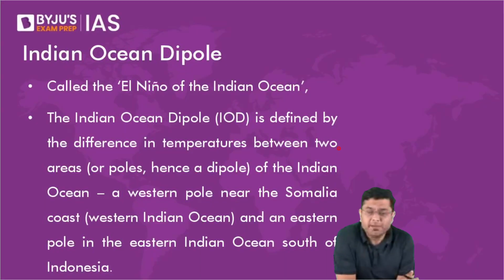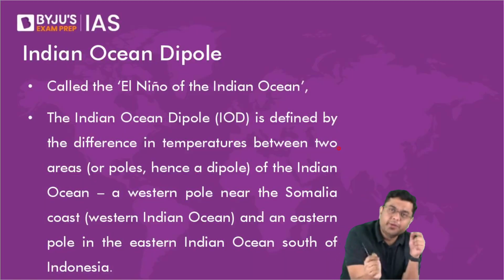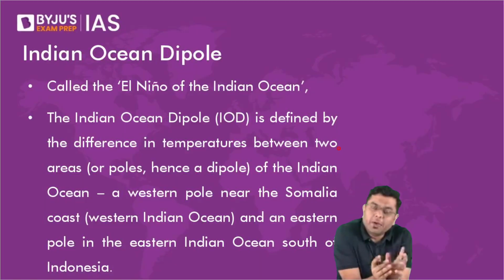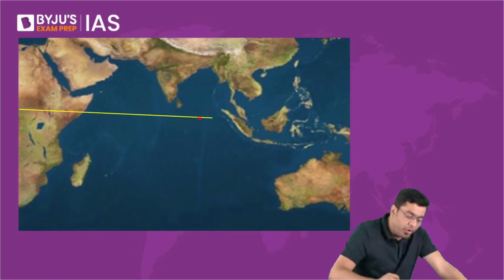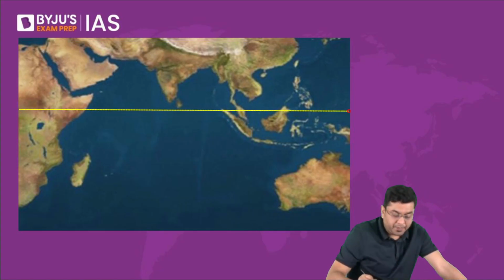Now, then we come to what is referred to as the Indian Ocean dipole. Now, dipole tells you the existence of two different polarities. Now, in the case of Indian Ocean, the western part is having the landmass of the Horn of Africa here.